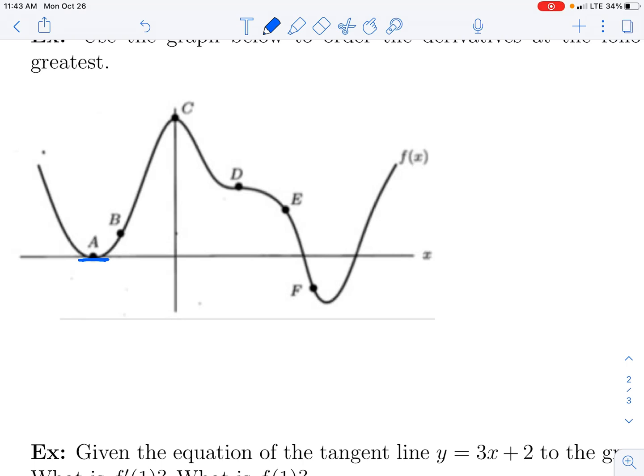The same idea here with your point B. You want it to follow the graph, but again, it's only going through that point B. Same thing with C, same thing with D, same thing with E, and then same thing with F.